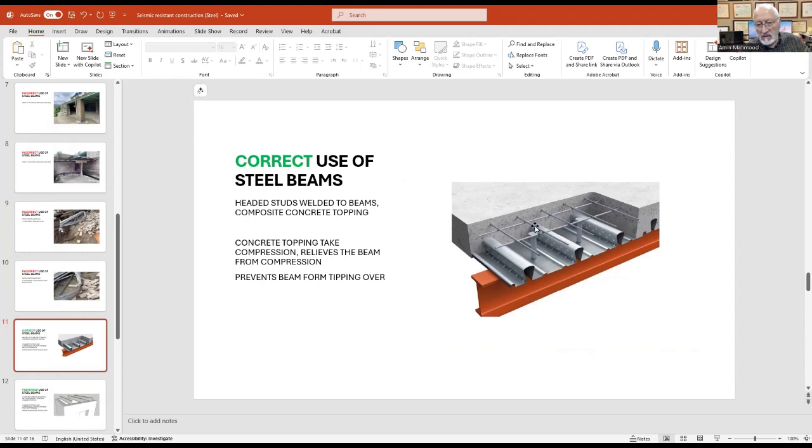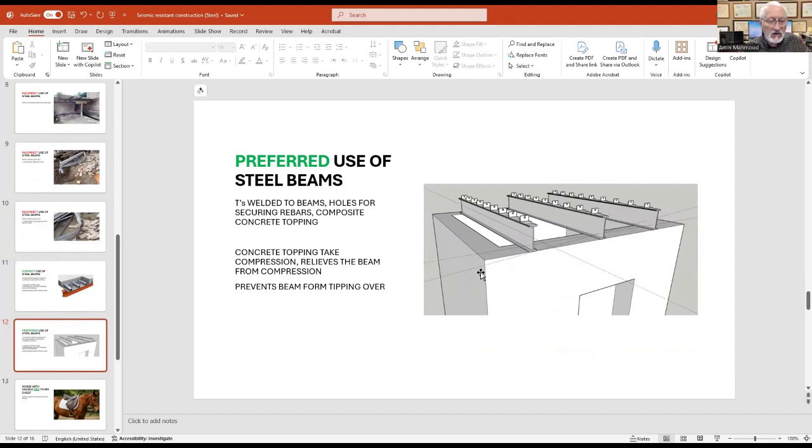Then they put some kind of steel mesh and put the concrete on top of it. This becomes very, very strong. The concrete topping takes the compression, relieving the beam from compression. Concrete is very good in compression. The top flange of the beam, which was taking compression before, is now completely relieved. It also prevents the beam from tipping over because it's tied.